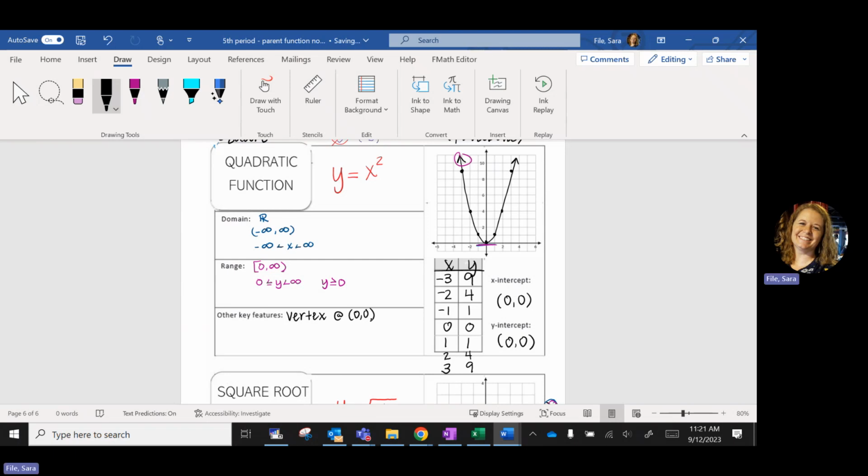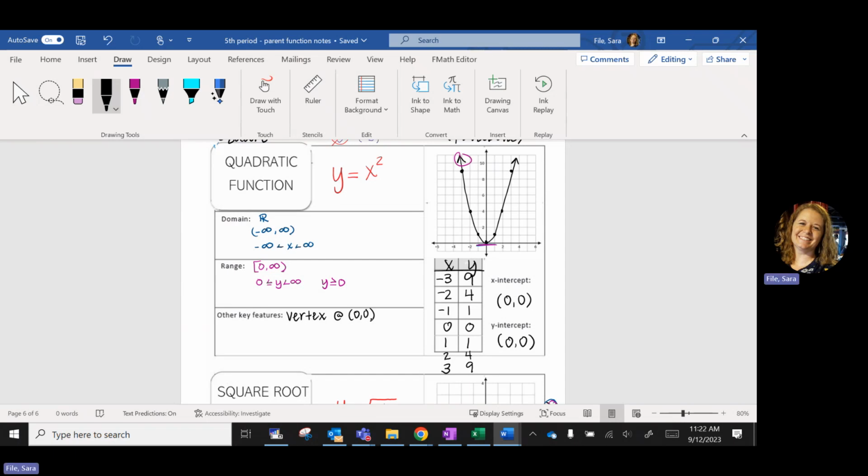Now, when you have a vertex, when you have a change in behavior, you're going to have a maximum or a minimum point. It's either going to be a high point or a low point. In this case, it's a low point, right? It's a minimum. Now, our minimums and maximums can be classified as relative or absolute.